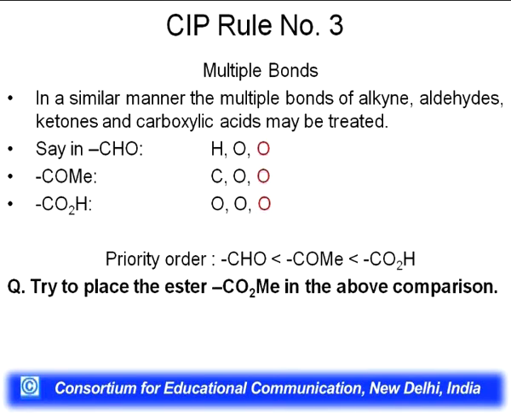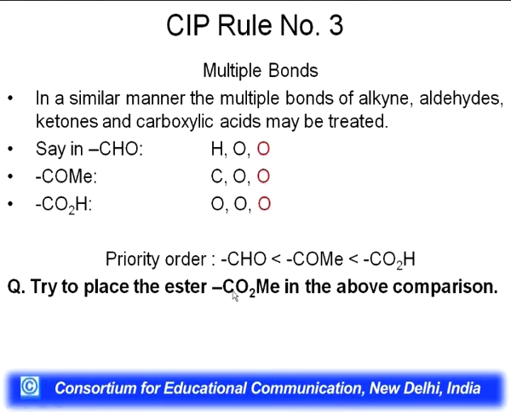Now I have a question for you, you can do it later on. Try to place the ester or CO2Me in the above comparison. When you do C double bond OMe, I am giving you a hint, you would need to go to the next set of atoms again, because in CO2Me you have the same arrangement as CO2H: oxygen of OH, oxygen of C double bond O, and the hypothetical oxygen of the C double bond.